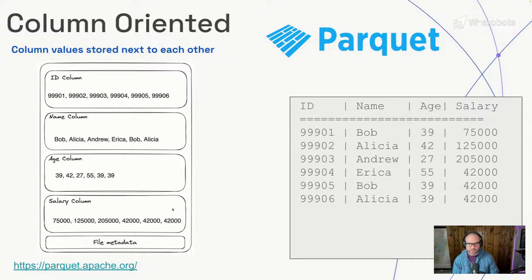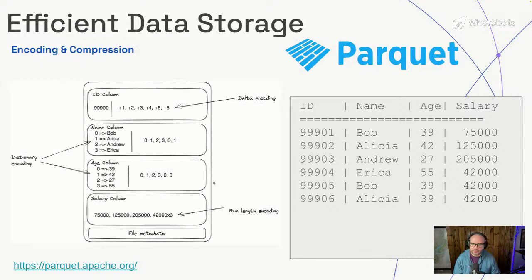And that metadata might include information about the types that are stored in each column, and some summary statistics, these sorts of things. So for analytics, if we want to grab all of the salary values, we can skip to that column and grab all of those very quickly because they're all stored next to each other. And again, this is a simplification. We'll see what exactly we're simplifying here in a second, but it's an important concept to understand.